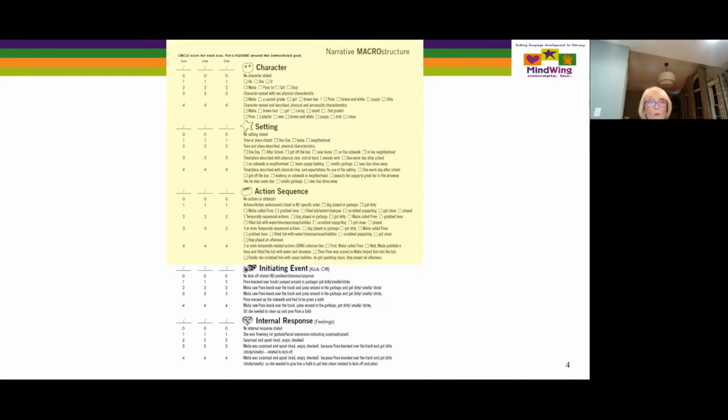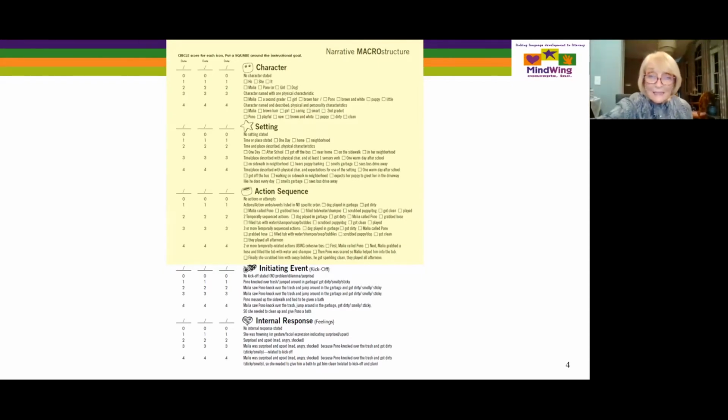And when we are looking at this with the students that we're working with, who are pre-K up to kindergarten, at the beginning, to see if children are including characters, are they including any setting words?